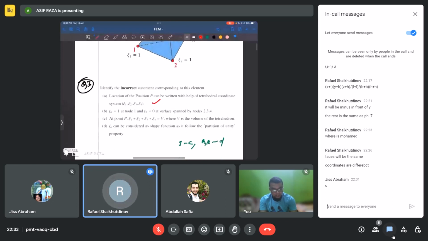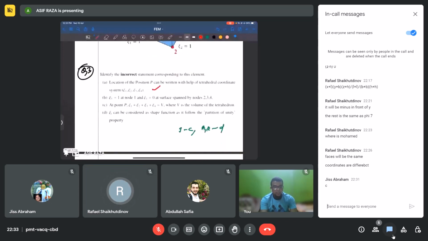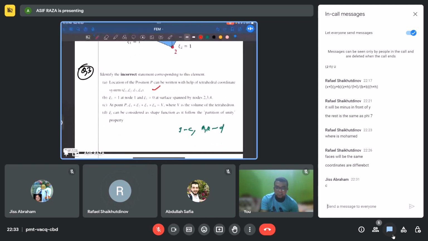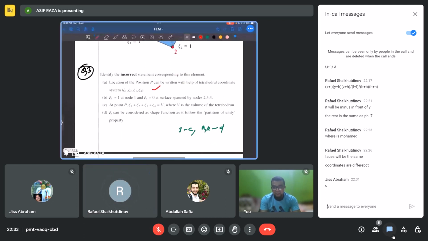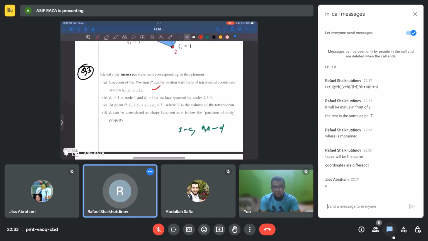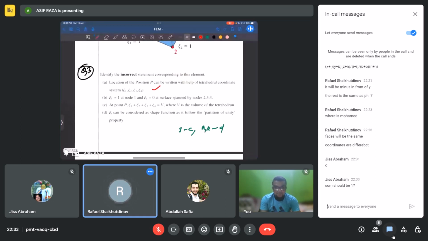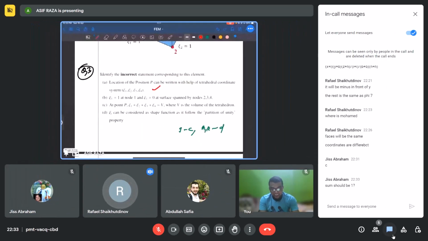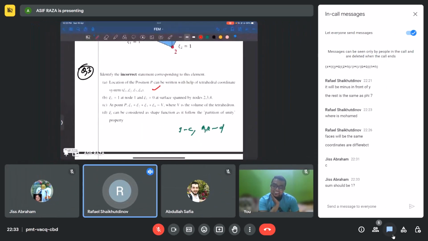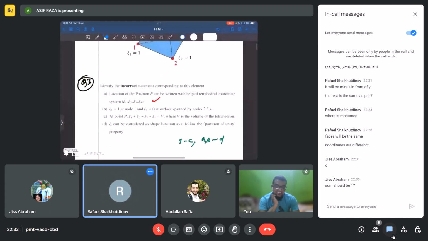It's like triangle coordinates. And then for C we should have 2V. I'm not sure about this. My guess is D.